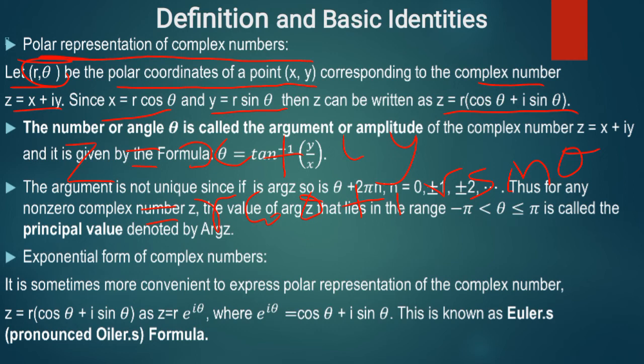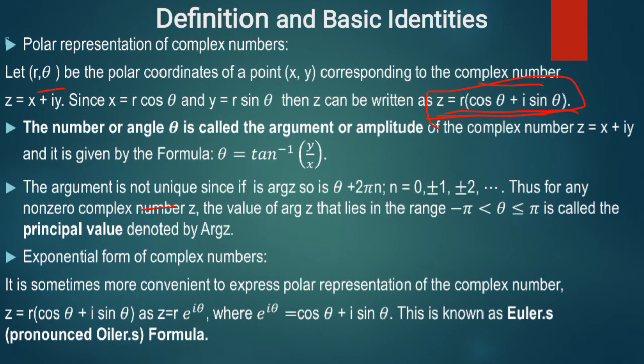You see r is common to both of them, so you can factor out r. You'll be left with cos theta plus i sine theta. So that's how we got this term here. So in polar form, z is this. If you're asked what is the polar form of a complex number, the polar form is what I have put in the box.